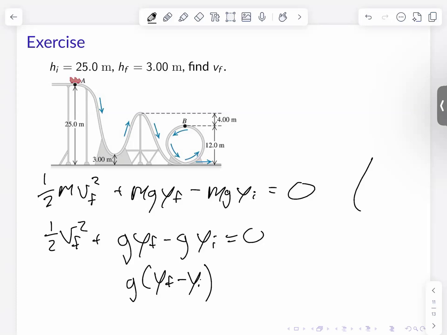Delta y is just the change in height. Oh, hold on. I want to get vf alone. Let's get rid of the fraction. What do I multiply both sides by?